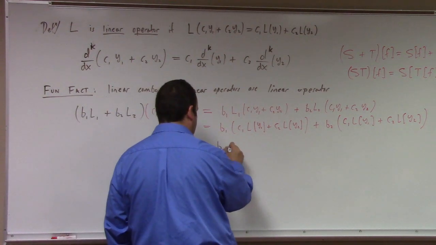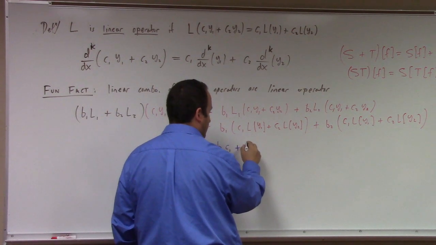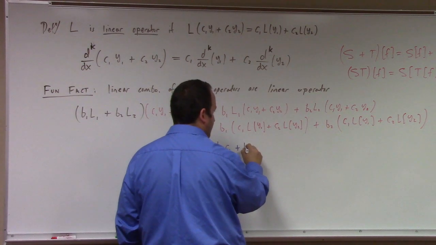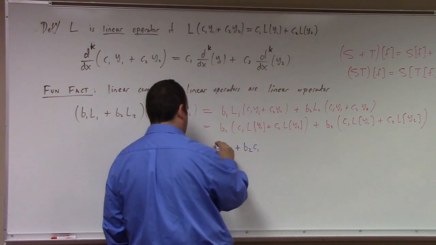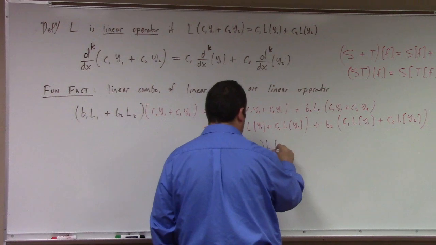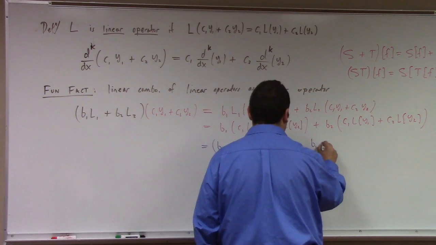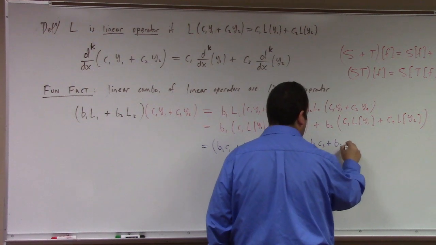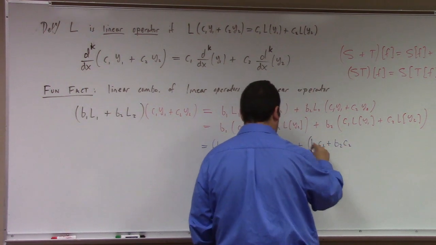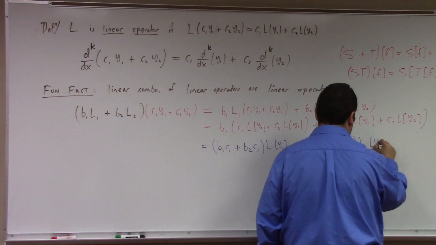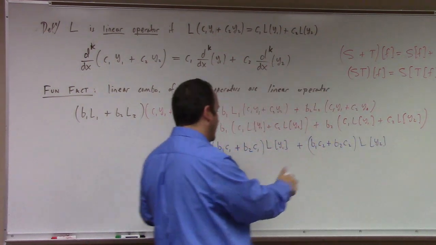We've got B1, C1, plus B2, C1, all times L of Y1, group all those terms together. And I've also got B1, C2 plus B2, C2 acting on L of Y2. I can group all those together.